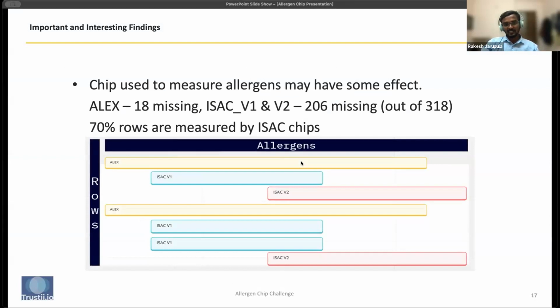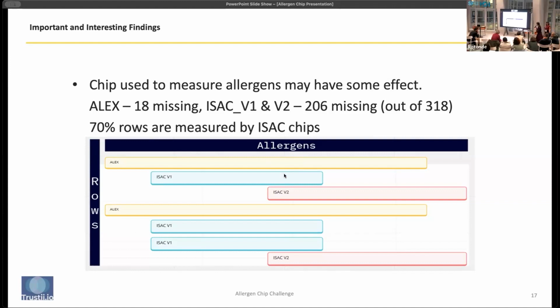And imagine for this chip type, Isaac V1, the proteins which are not measured are the proteins which we use to judge whether the patient has food type of allergy or not. We don't have any information about the proteins which result in food type of allergy. Then how can we make the judgment? It would be impossible, right?